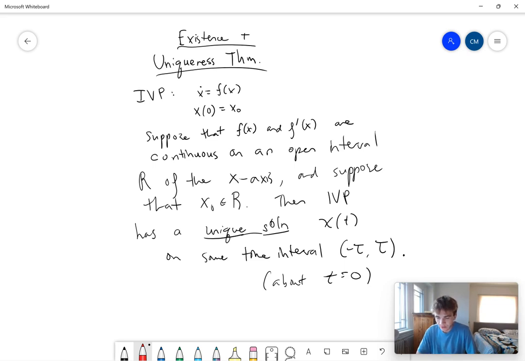But we do need to kind of get a picture of when we can know for sure that we do have a unique solution that exists. Because if we don't know that, then the problem that we're trying to solve is ill-posed.